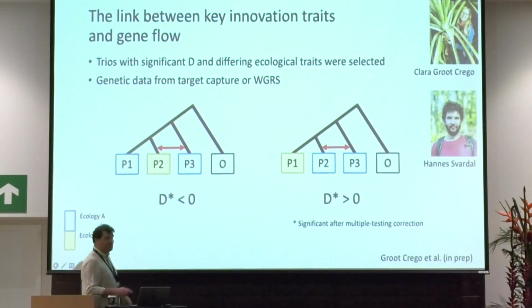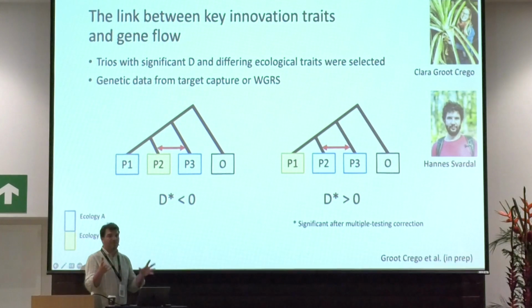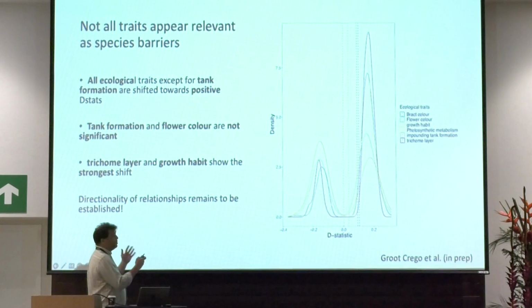So the expectation is that if the gene flow is linked somehow to the ecology, then you would find a lot more positive values of D rather than negative values of D. And indeed, we observed this: we have an increased proportion of positive Ds in this kind of test.